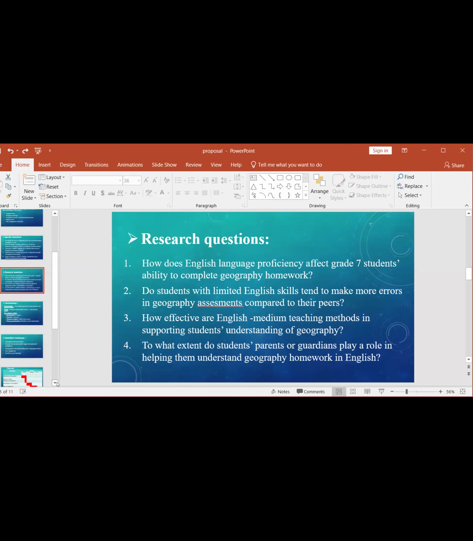Then the third one, how effective are English medium teaching methods in supporting students' understanding of geography? The fourth question is, to what extent do parents or guardians play a role in helping them understand geography homework in English?